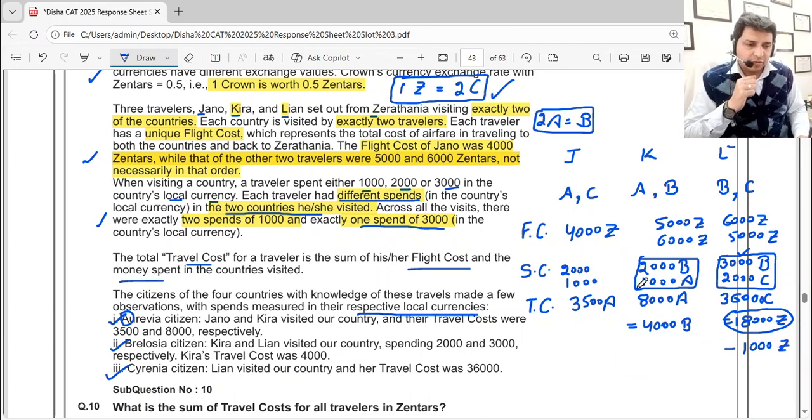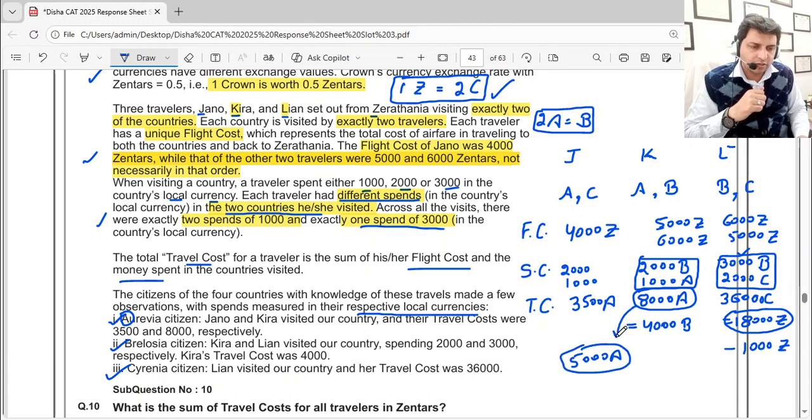Now this travel cost is given to us as total 8000 A. Now 1000 A we already have here. This is 2000 B. Now 1 B is equal to twice of A, that means 2000 of B is going to be 4000 of A. So the total spending cost, we have 5,000 of A. Now if we subtract that from the total cost, I get 3,000 A.